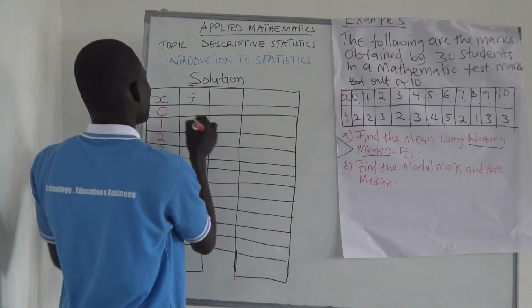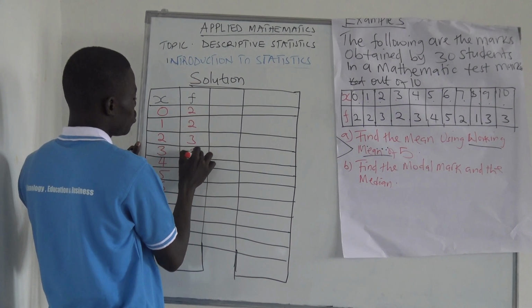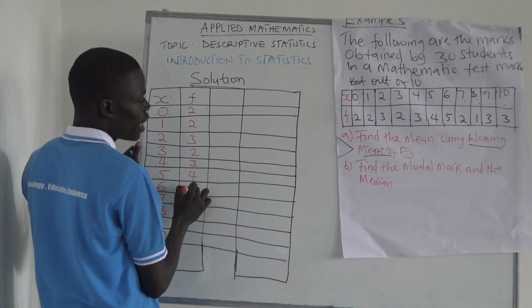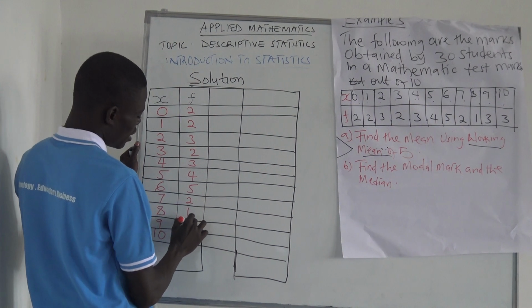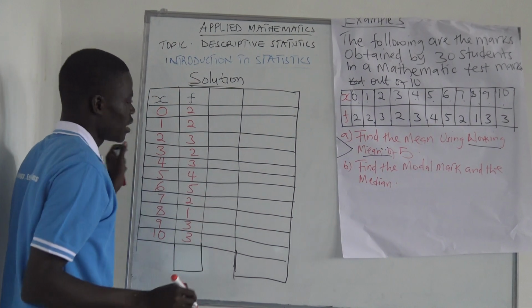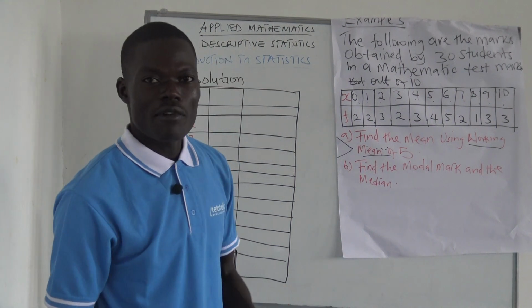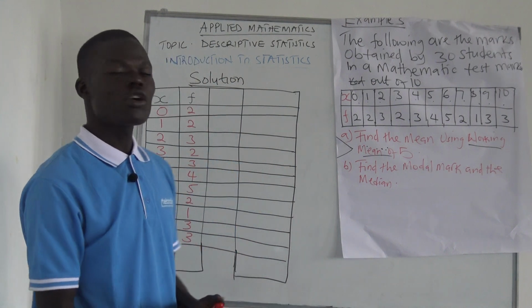And then the frequency we have 2, 2, 3, 2, 3, 4, 5, 2, 1, then 3, 3. That's the frequency. Immediately after finishing the frequency, you must get what we call summation of f.